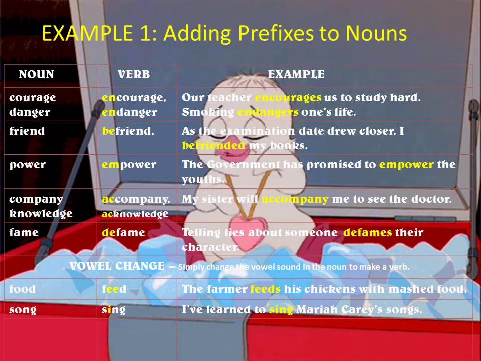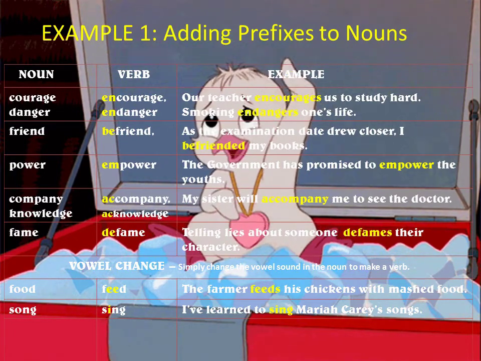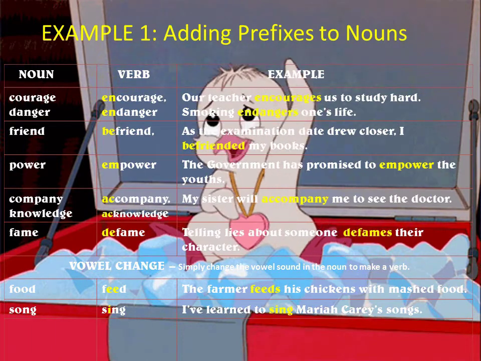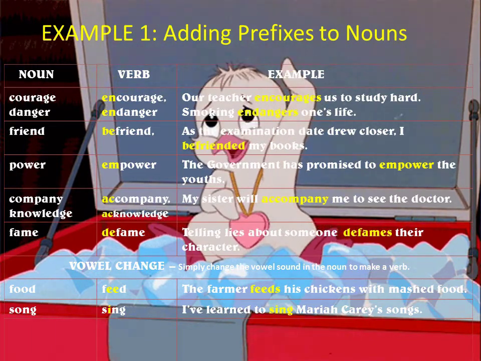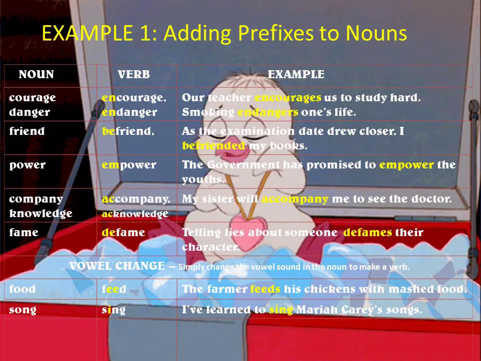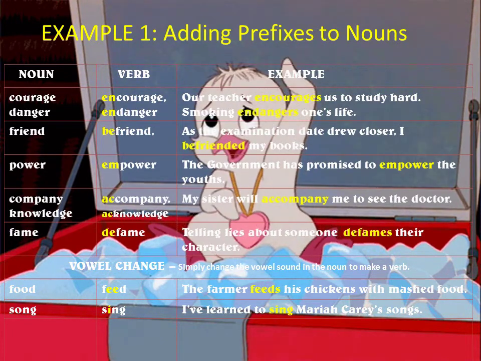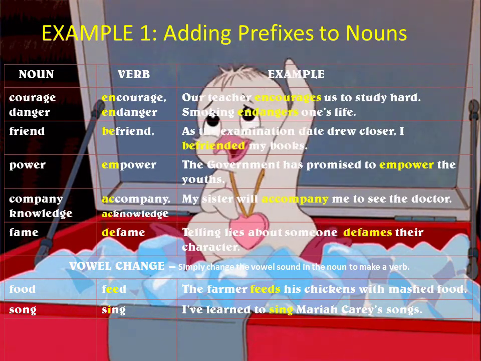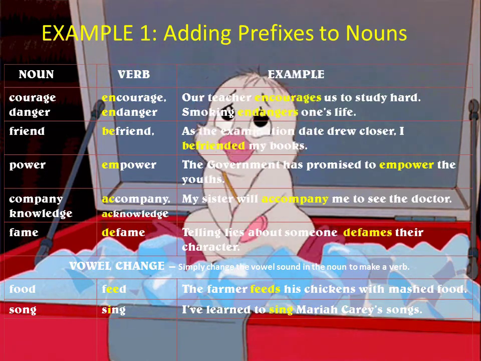So should I have words like courage and danger? Courage and danger. Now look at those two words. Both of them are nouns. Remember what a noun is. A noun just names something, names a person, names a place, or names a thing.